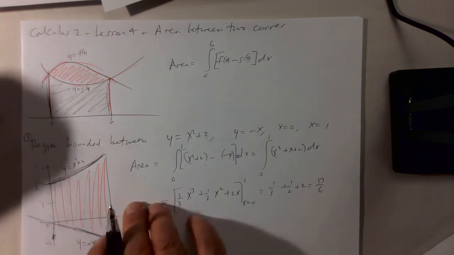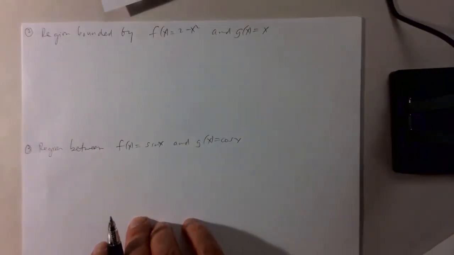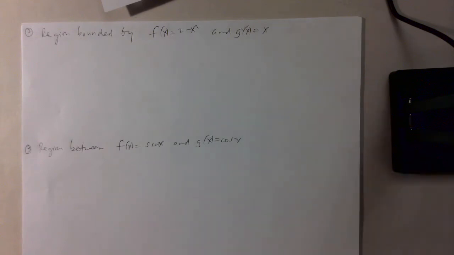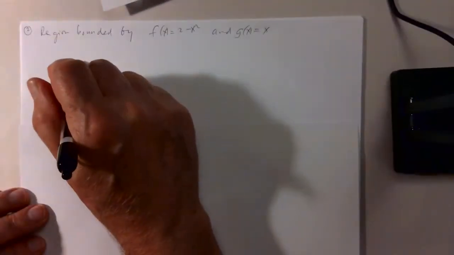We'll do a few more of these. Let's look at the region bounded by the curves 2 minus x squared and x. This is a parabola that's opening down, and this is just the line y equals x.